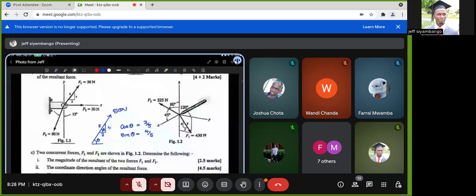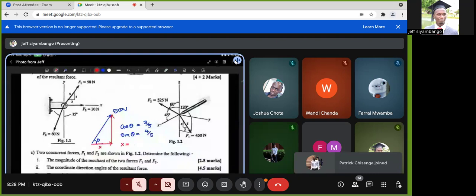Now, when we try to get the components for the bigger triangle, we have the Y component there and the X component here. Observe that the X component will be given by cosine.